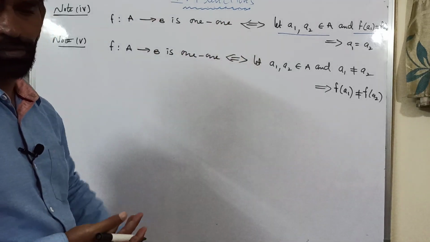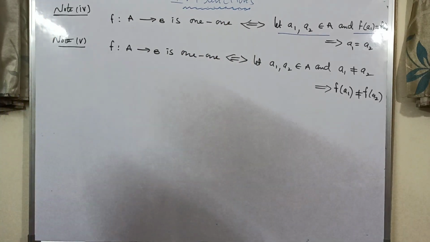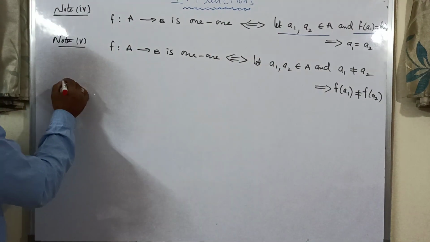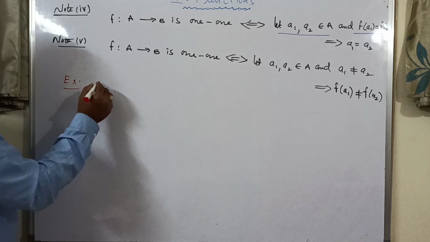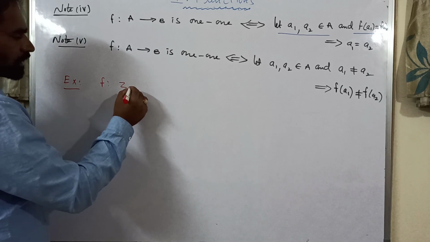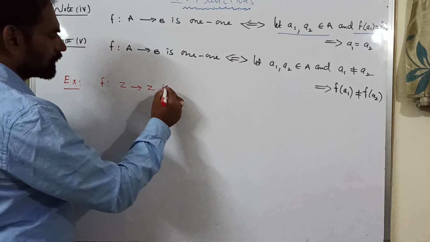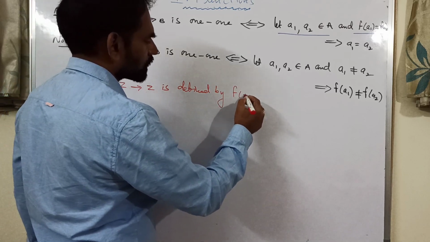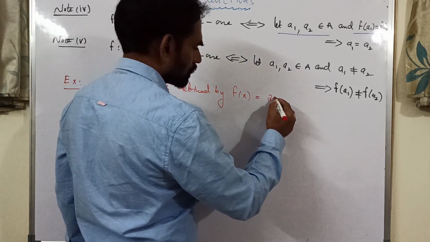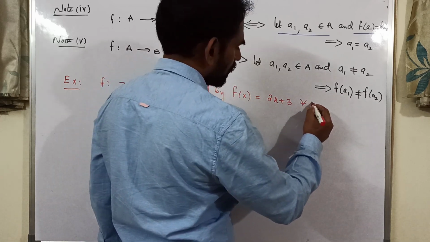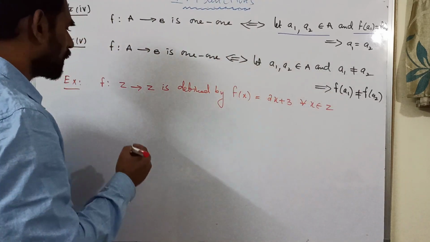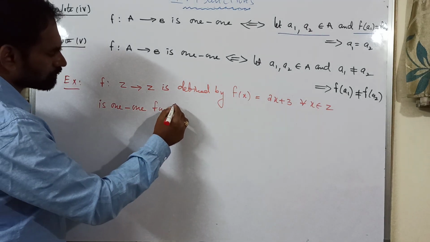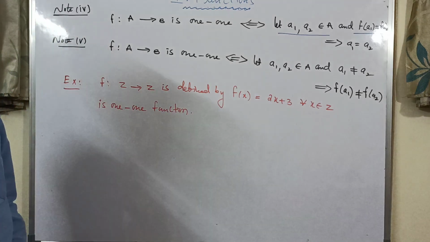Okay, here also the same. Using one example you can understand why we write this formula. Example: f from Z to Z is defined by f of x equals 2x plus 3 for all x belongs to Z. I am saying that it is a one-one function.